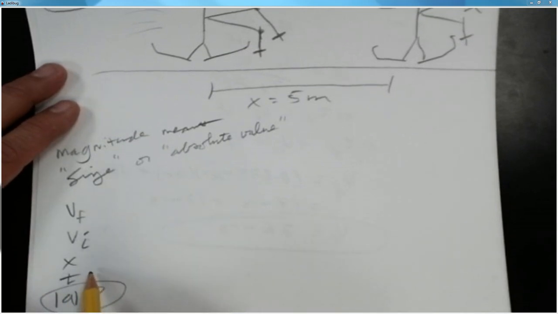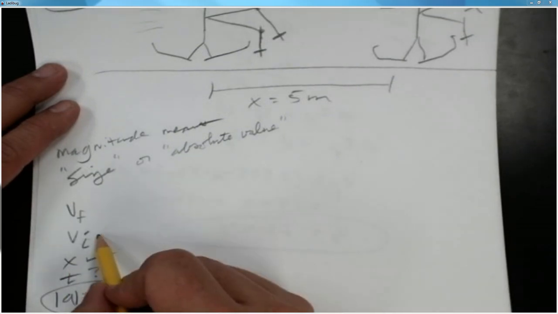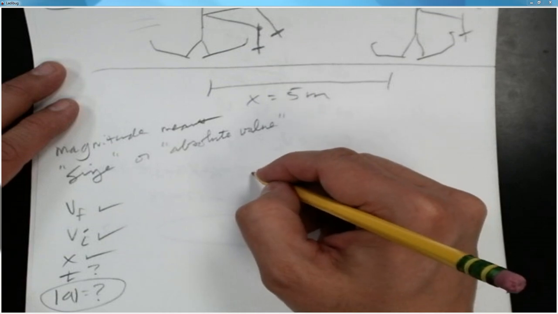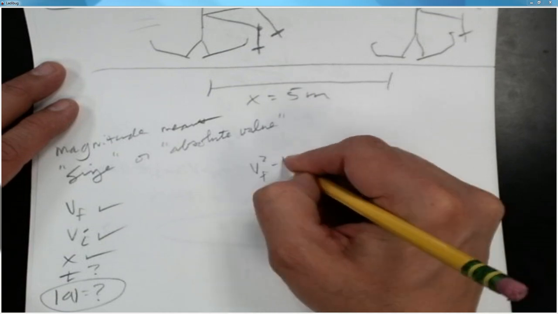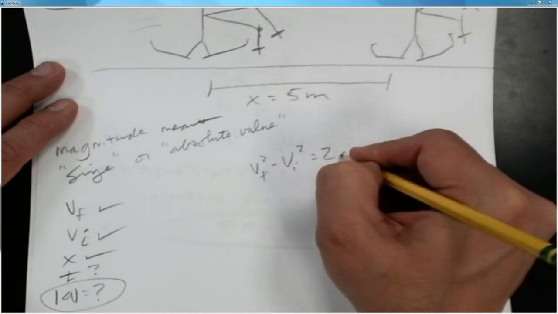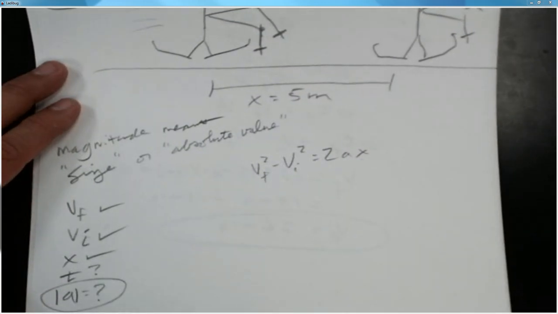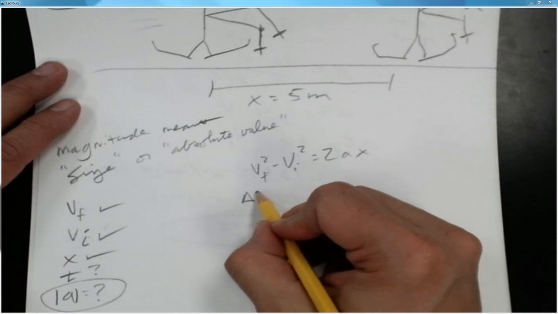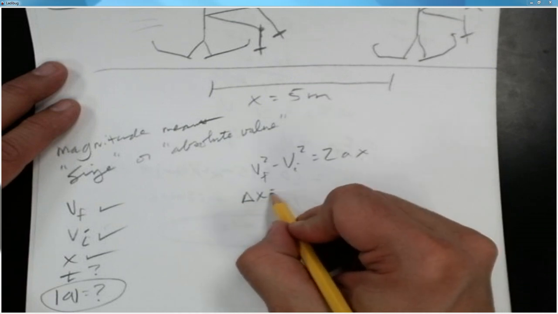I do not know time, but I also don't want to know time. I know the other 3. So my kinematic equations are that works. Oh, but I guess I'll just write the other ones down so you can see my thinking process.